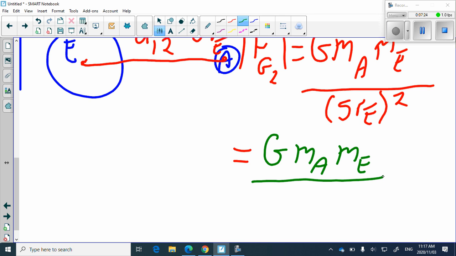Let's do the math. Let's do the squaring. Okay? Well, if I square a 5, I get 25. If I square the radius of the Earth, I get radius of the Earth squared.